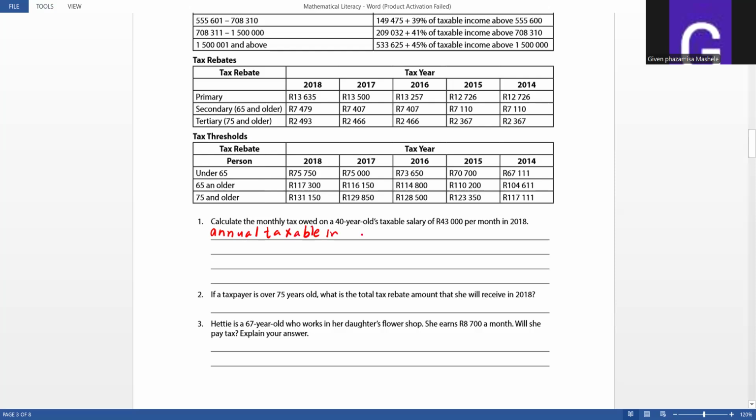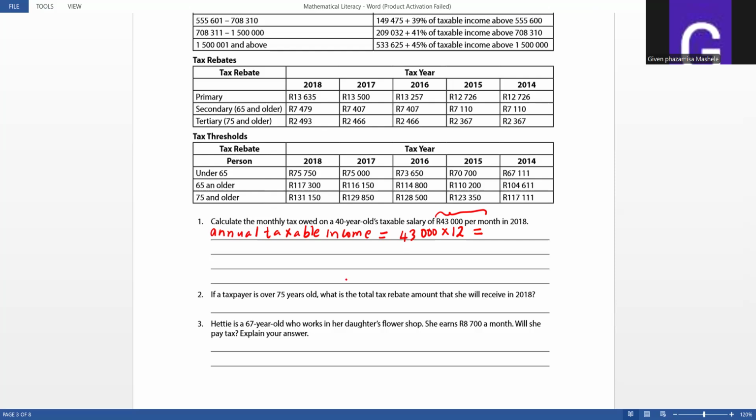We take this monthly taxable income, because it's for a month, so it will be 43,000 multiplied by 12.